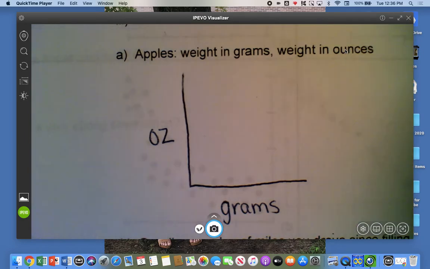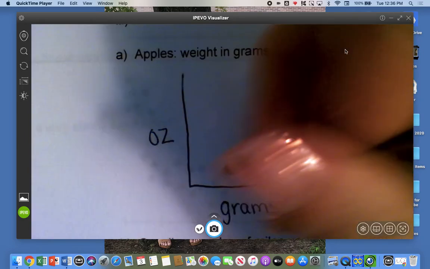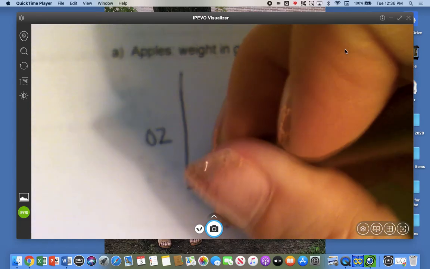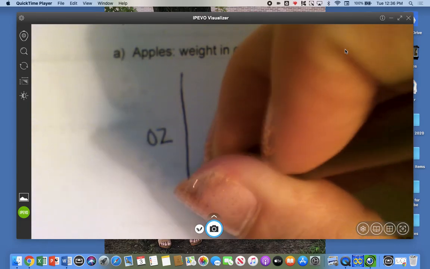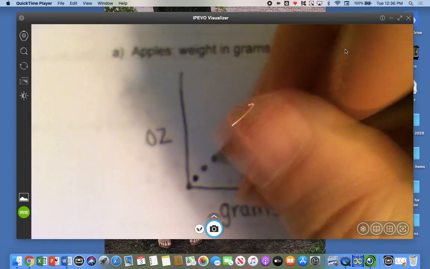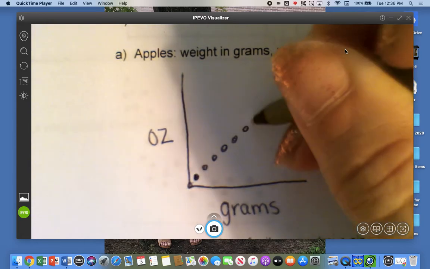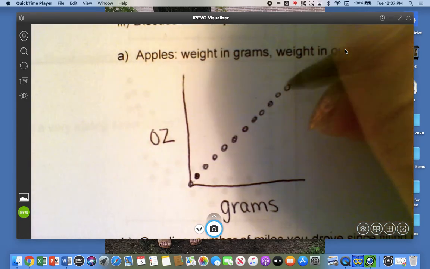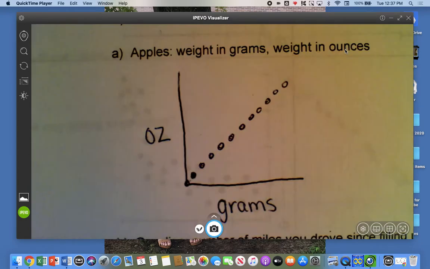So do you all agree that it would start here, somewhere, and then over time, as the grams increased, so would the ounces. There would be a direct proportional relationship.